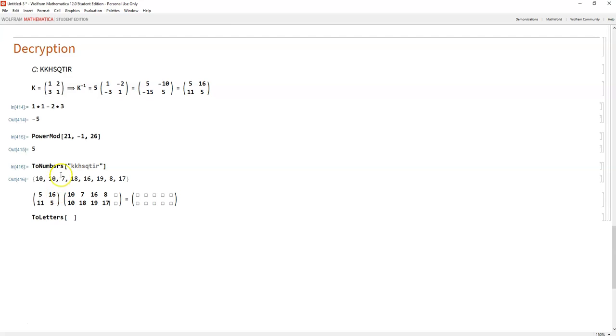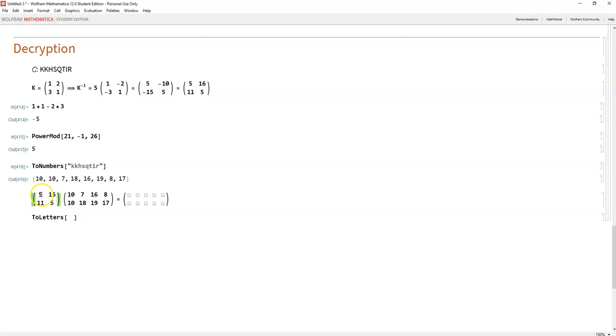Now, I have either missed something or I didn't realize 1, 2, 3, 4, 5, 6, 7, 8. No, okay. This is only a 2 by 4. All right, so I'm going to have an extra column here just from my formatting.